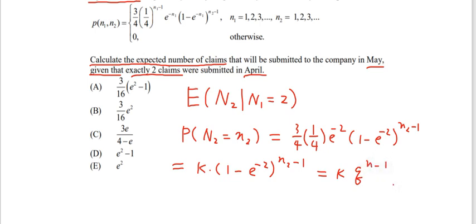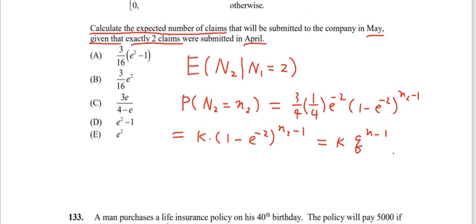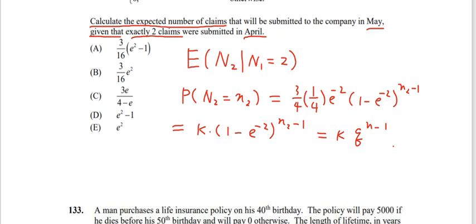So we know this distribution is a geometric distribution, right? For this geometric distribution, it should be P times Q to the N minus 1. So what is Q? Q is just 1 minus -2. Okay, so now the problem becomes easy.